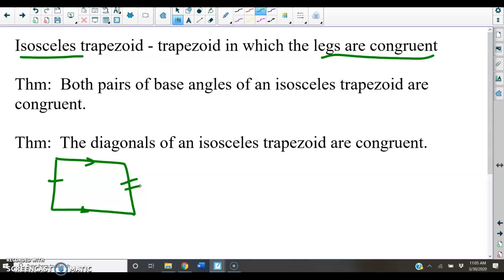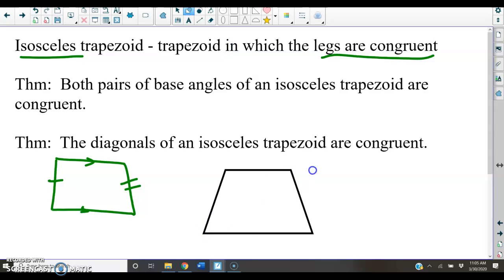On an isosceles trapezoid, let me get the picture up here for us. There we go. On an isosceles trapezoid, both pairs of base angles are going to be congruent.